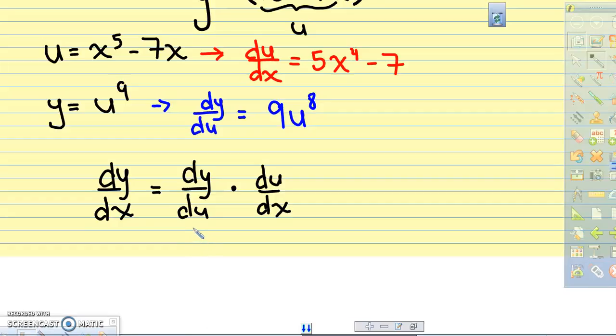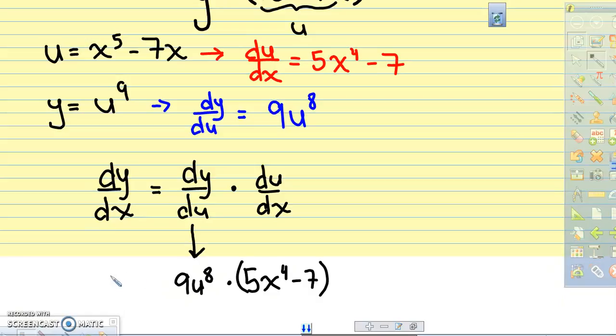So dy over du is 9u to the 8th, times du over dx, which is 5x to the 4th minus 7. So this is dy over dx.